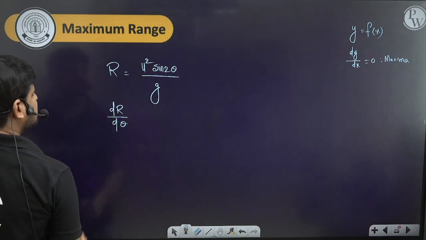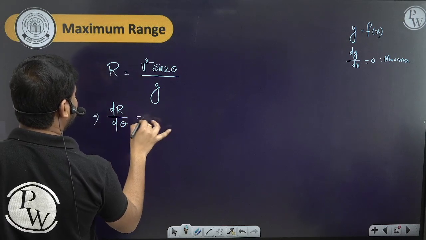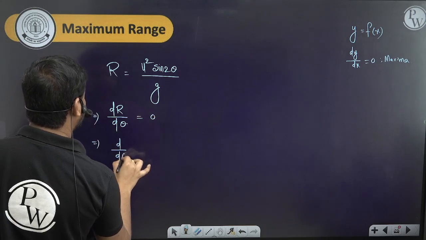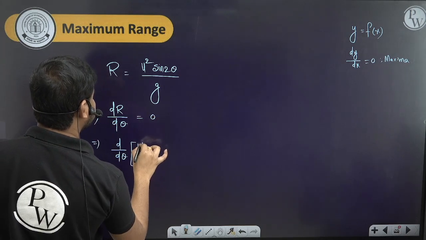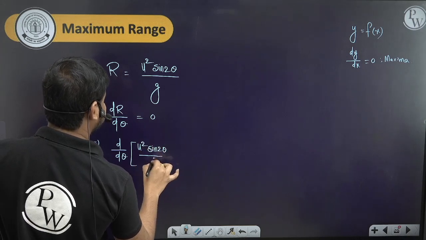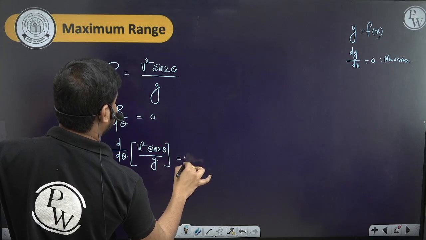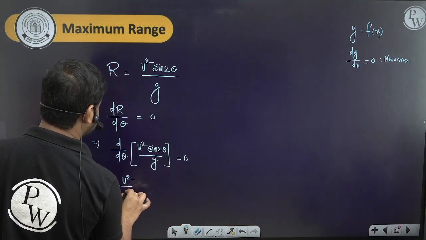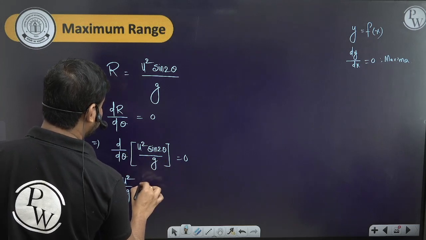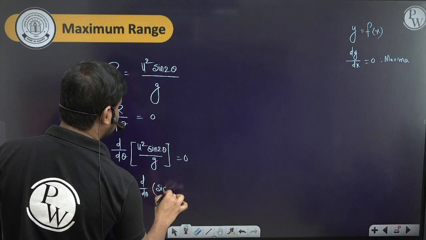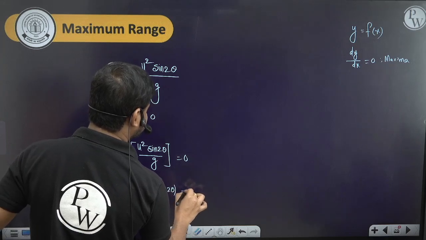Therefore dr by d theta should be equal to 0. So what is d by d theta of r? The range is u square sine 2 theta by g. So u square by g is the constant, let's take it out, and then d by d theta of sine 2 theta is equal to 0.